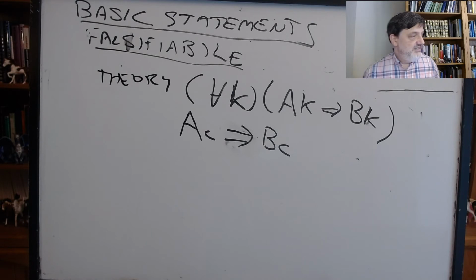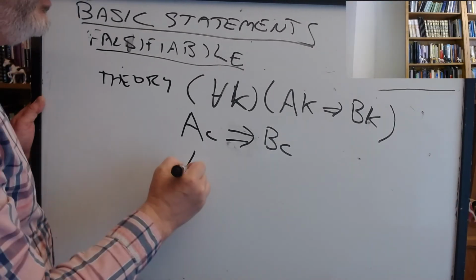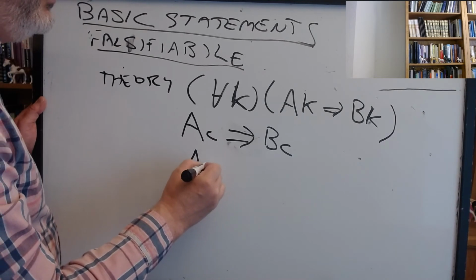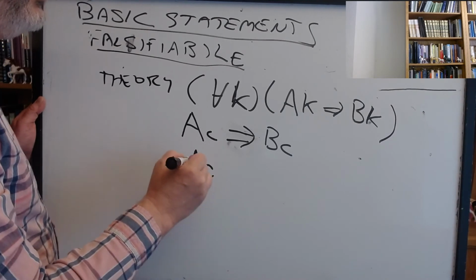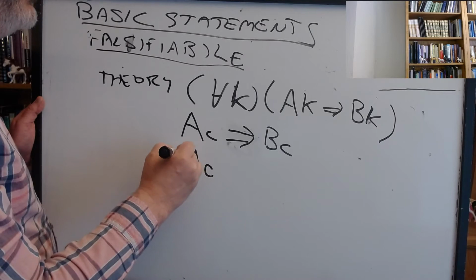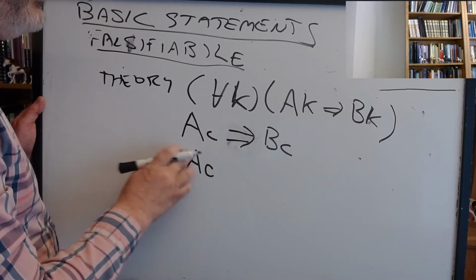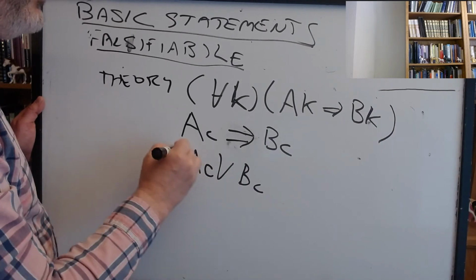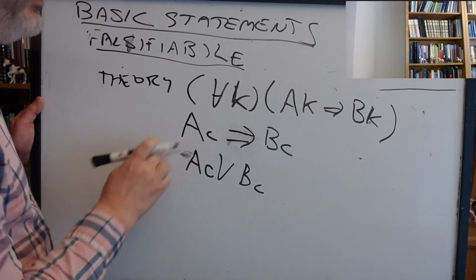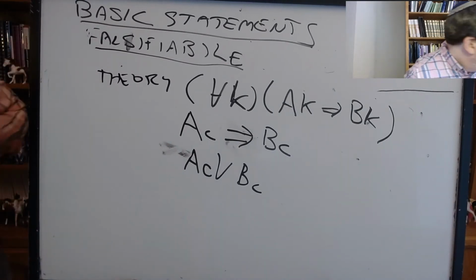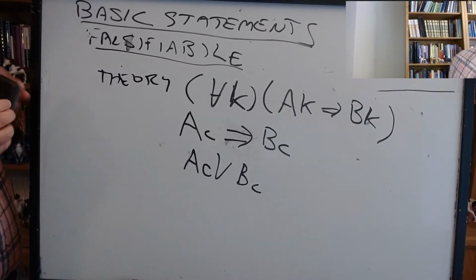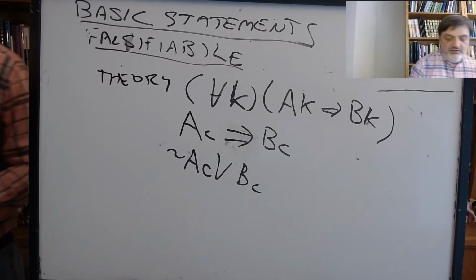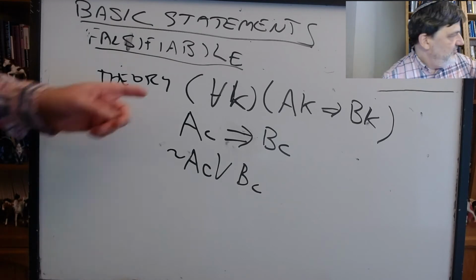Or in other words, it says, either the thing at C is white, or it's not a swan. Right? These two things mean the same thing.